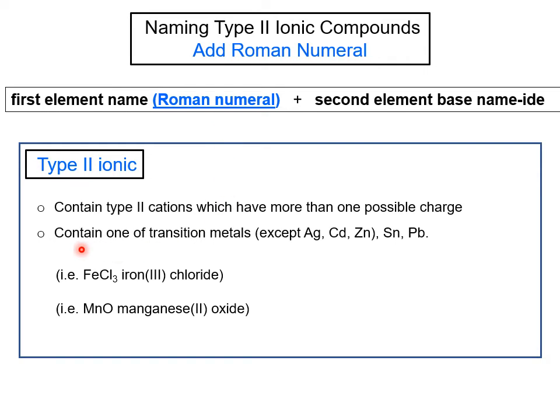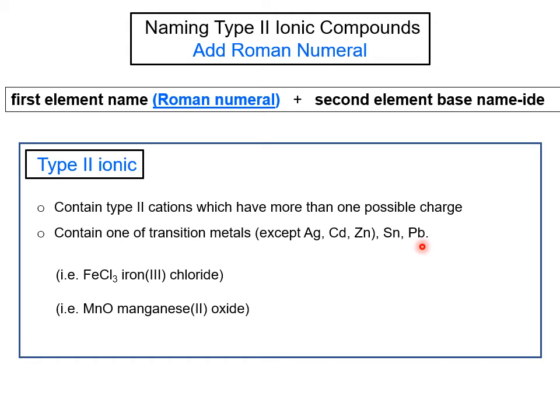So the type 2 cations could be any one of the transition metals, with the exception of silver, cadmium, and zinc, which we said always have a single same charge, plus tin and lead, which could also have variable charges, which are not part of the transition metals.